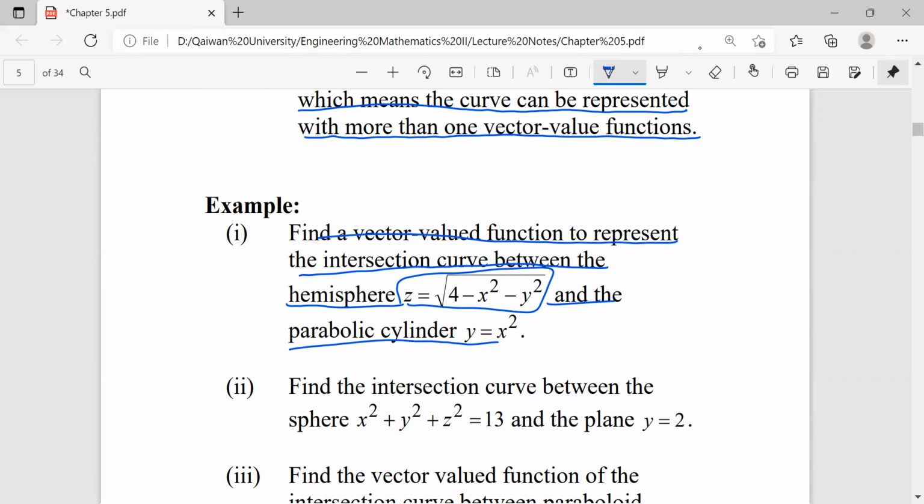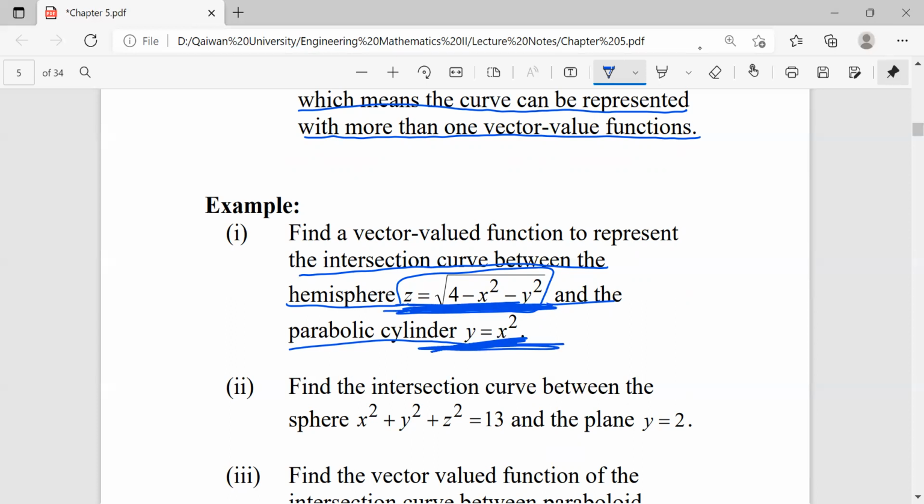We want to find the vector valued function which represents the intersection of this sphere, this solid, and this cylinder. We are going to find the parametric equations or the vector valued function which represents the intersection between the graphs of these two functions.